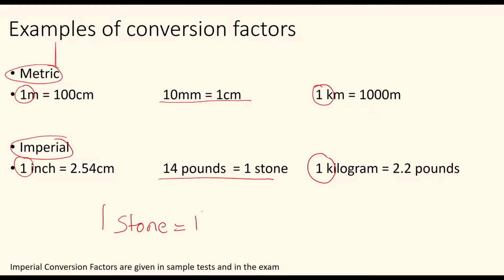This is really important because the method that we're going to use to solve these problems relies on the fact that the number 1 is on the left hand side. And I know I've already said it, but just in case I forgot, all of these imperial conversion factors are given to you. You don't have to remember them.